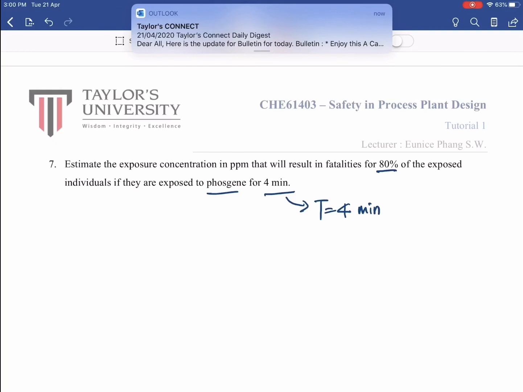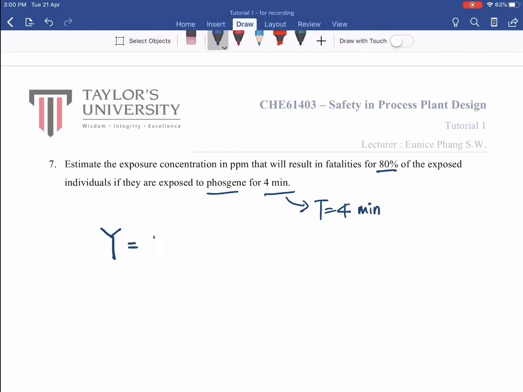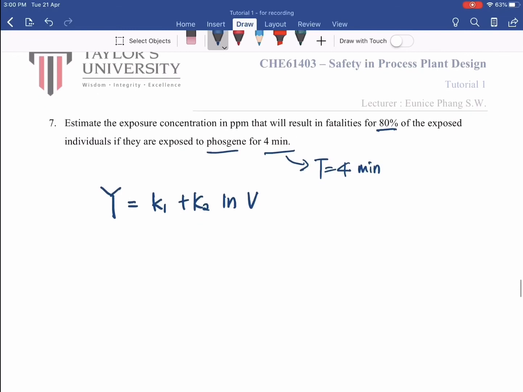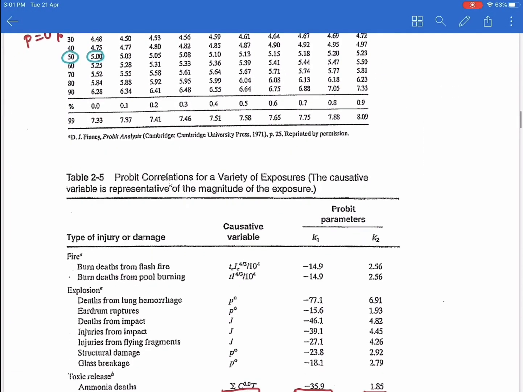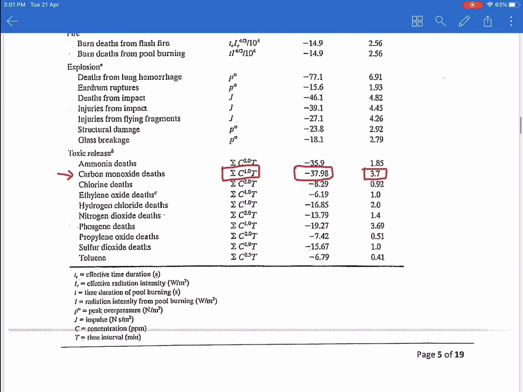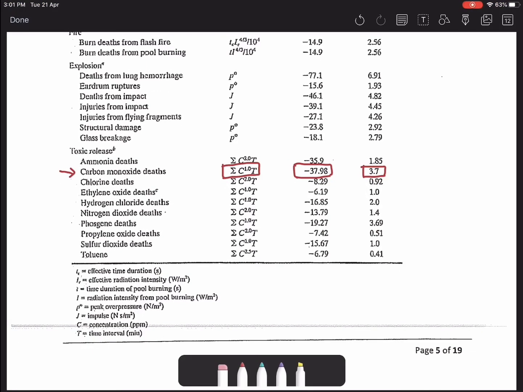Again, go back to the same probit equation, Y equals K1 plus K2 ln V. Now go back to table 2.5 to find the K1, K2 values. For phosphine, we have it here.